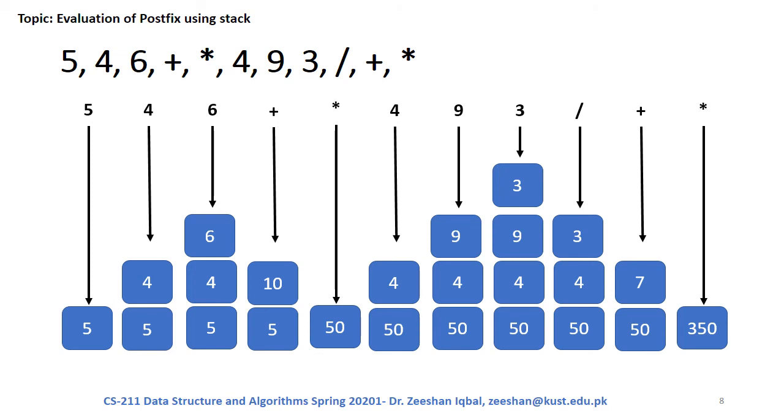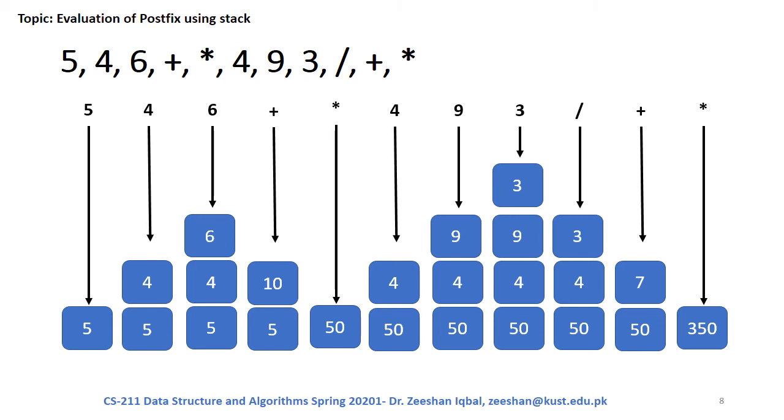With the arrival of the plus symbol, the top two operands will be popped and their result, 4 plus 6, is pushed onto the stack again, which is 10. Next symbol is asterisk, so 5 multiplied by 10 becomes 50, so 50 will be pushed to the stack.